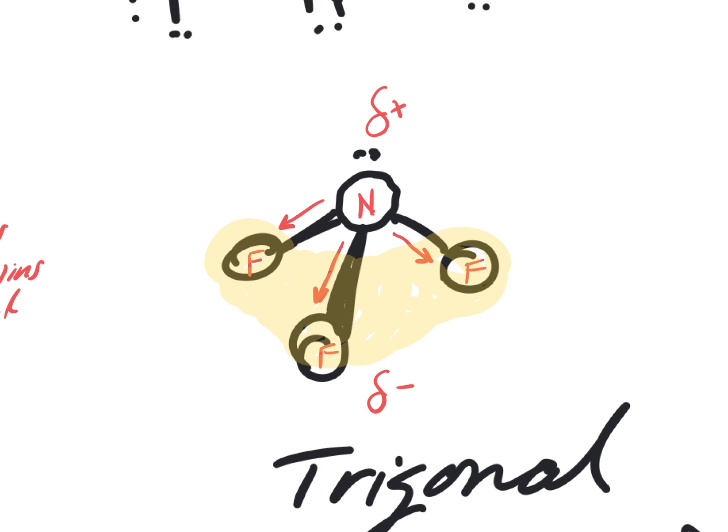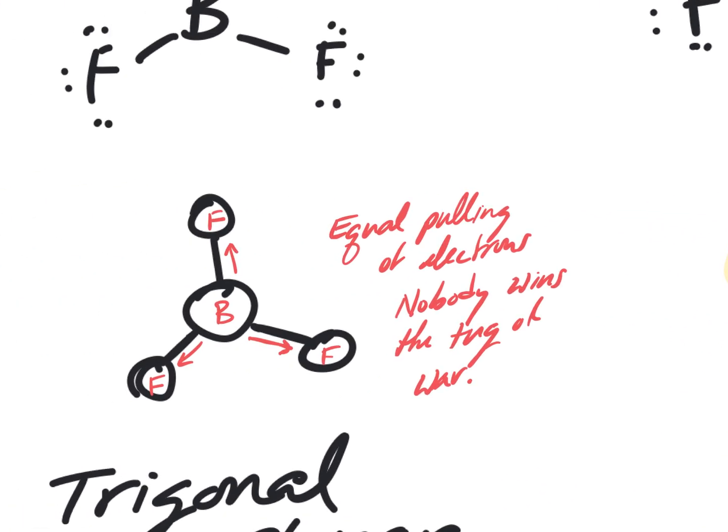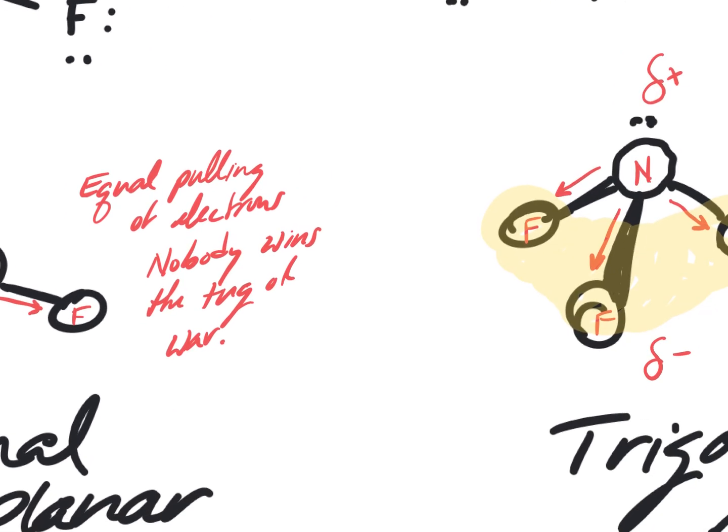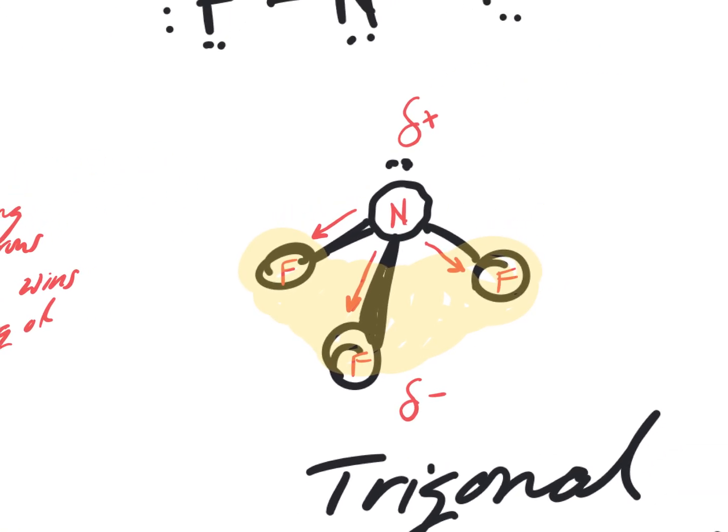If this was a planar molecule, then there would be equal pulling on all sides. It would be like this, but this is a pyramidal shape. So we have a concentration of electrons toward the bottom of this molecule, if that's the way you want to think of it.